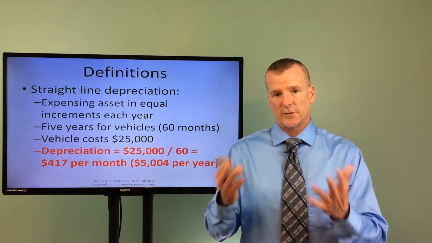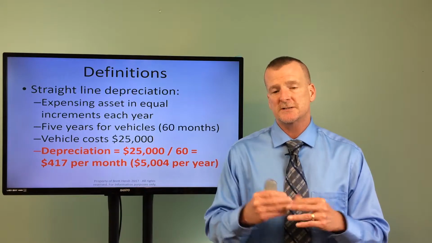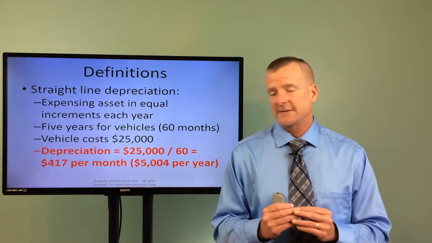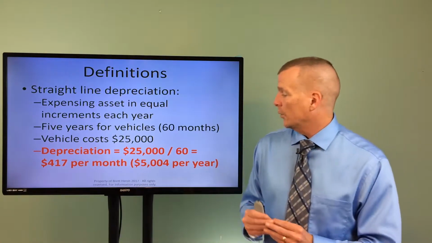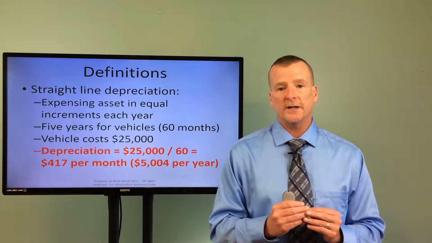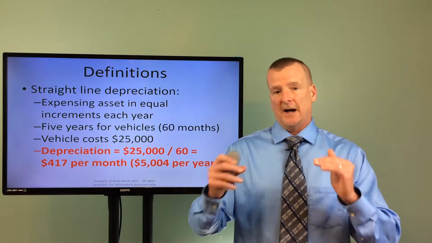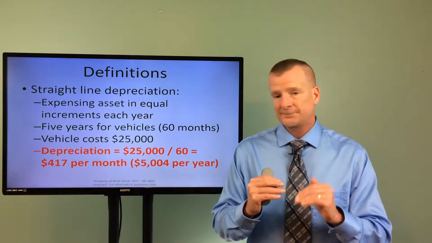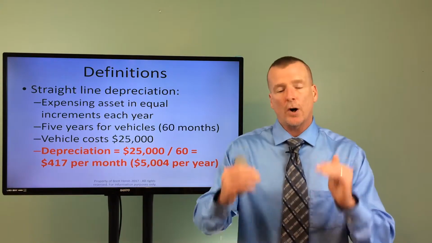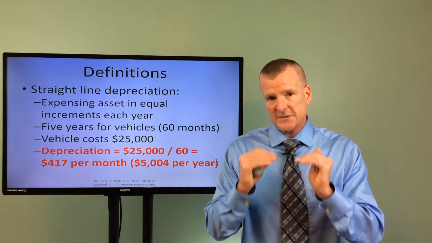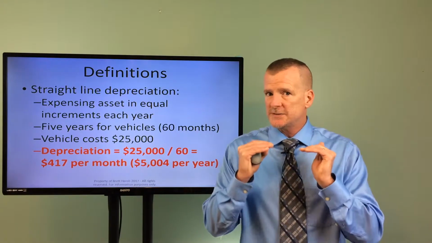Say in the first year you only had the vehicle for 6 months in service, you're going to be able to take half of that $417 rounded. But in later years when you have it the whole year, you're going to be able to deduct $5,004 of that. Now let me say this though too, with regard to this. Remember, all your deductions are based on your percentage of business use.